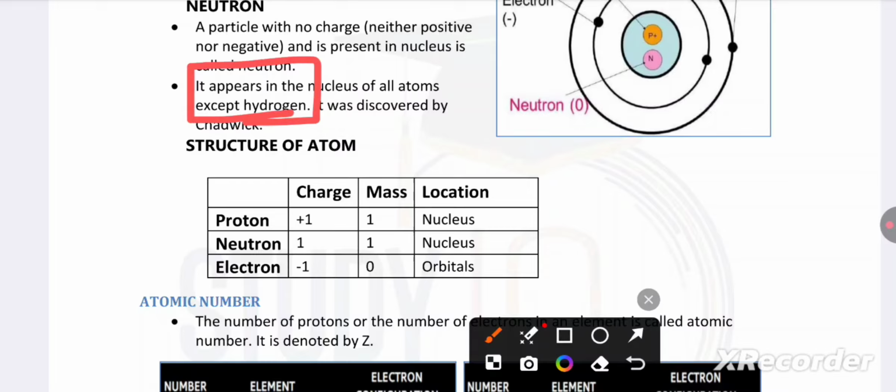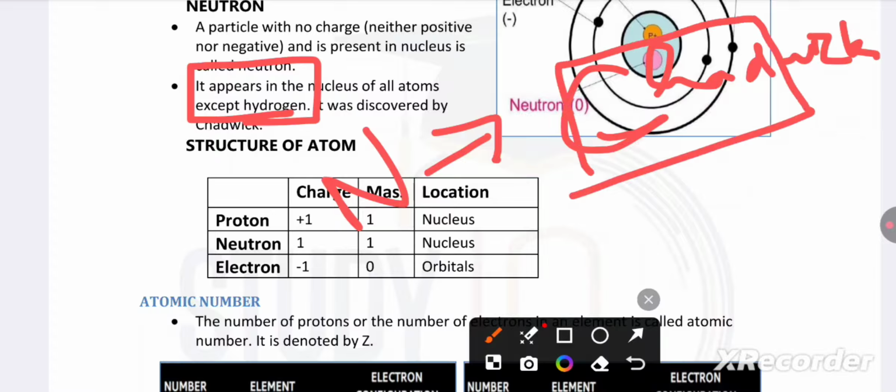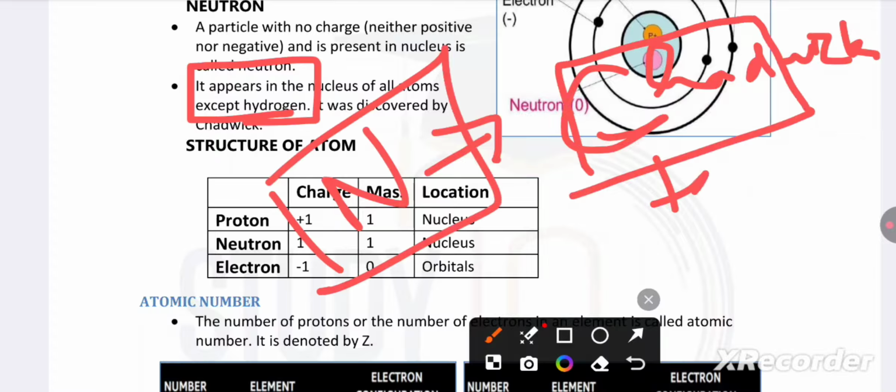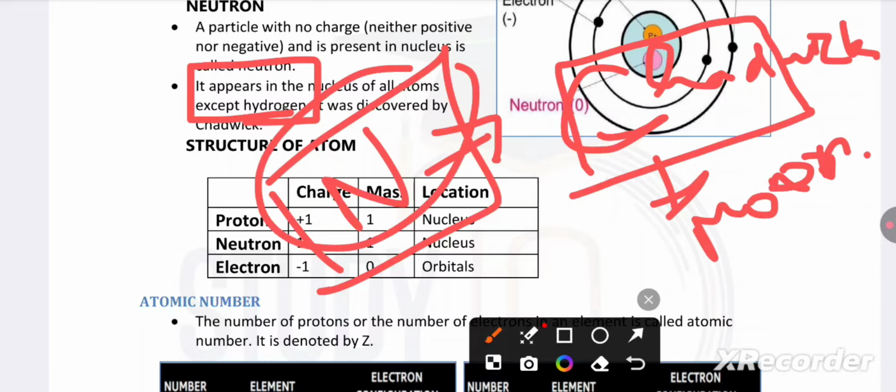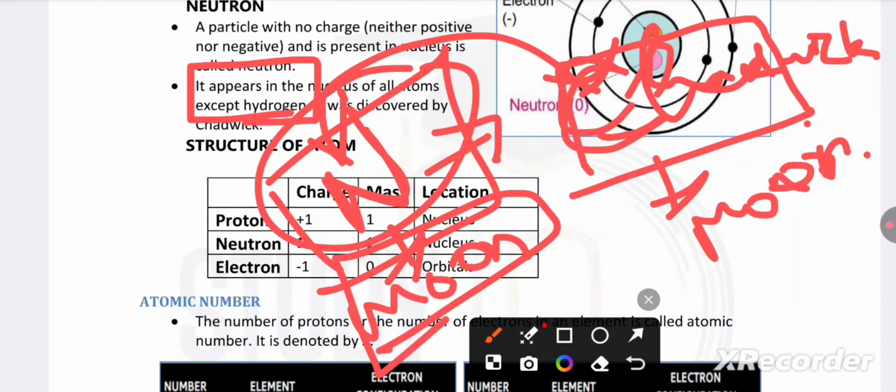Neutron is discovered by Chadwick. Chand means moon in Hindi. Nila means moon in Tamil. Then we can easily connect it: N, neutron, Chand, Chadwick.